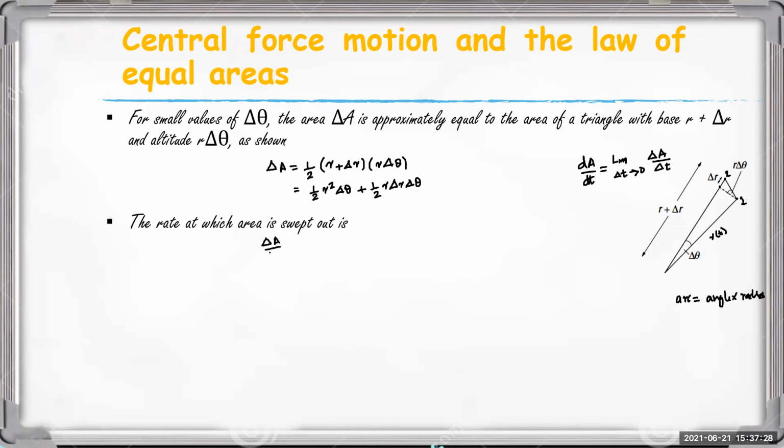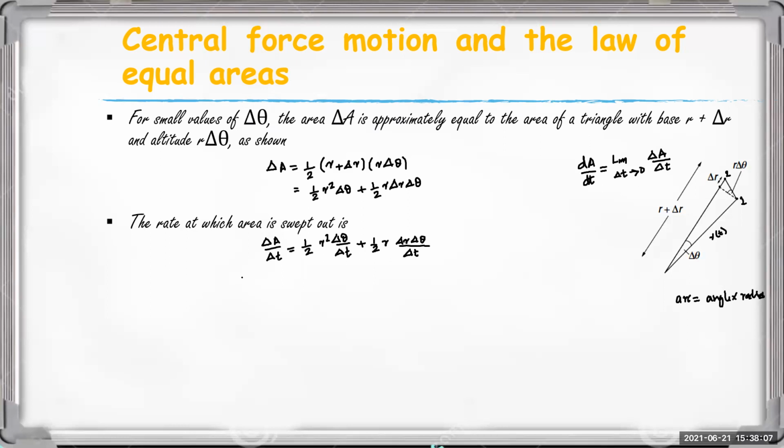Delta A divided by delta t is equal to 1 by 2 R square delta theta by delta t plus 1 by 2 R delta R delta theta by delta t.